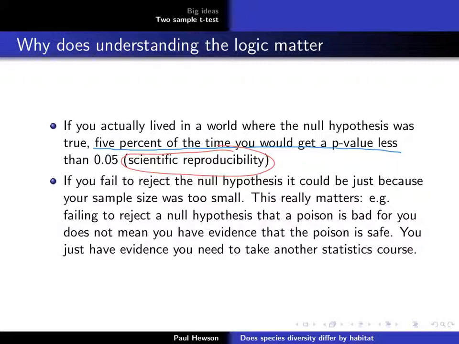The caveat: if you fail to reject the null hypothesis, it could just be because your sample size was too small. So it's really important to understand the logic of this decision we make. We find the probability of getting data as weird or weirder if the null was true, and based on that p-value, that number, we're entitled to make a decision.